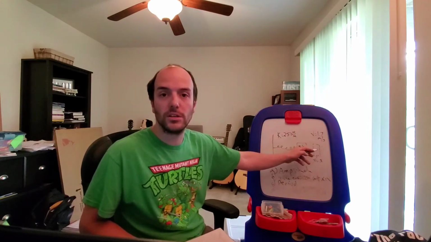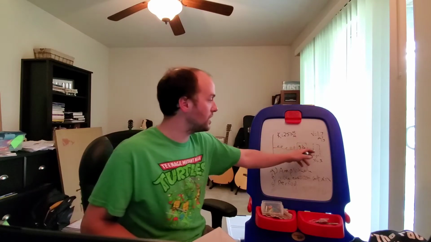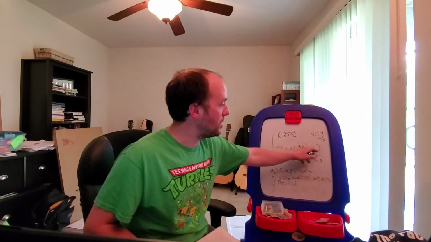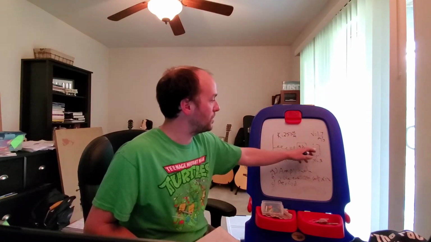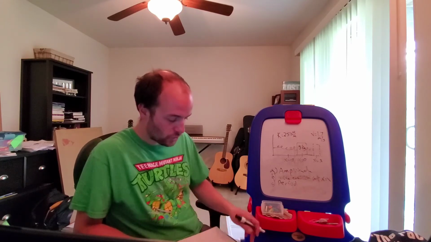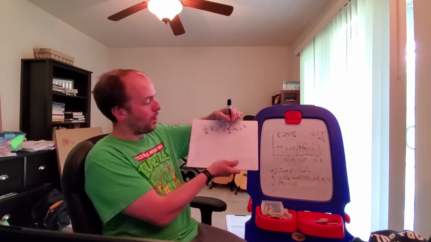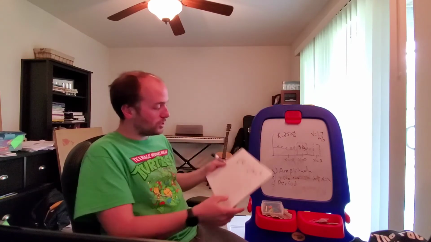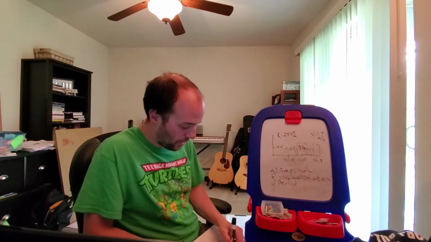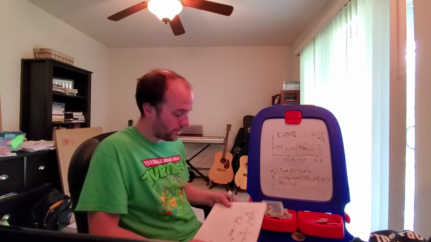Since this is a closed system, conservation of energy rules, and the amount of elastic potential energy here equals the amount of kinetic energy there. So 1/2 kx squared equals 1/2 mv squared. Our 1/2s cancel, so we're left with kx squared equals mv squared.